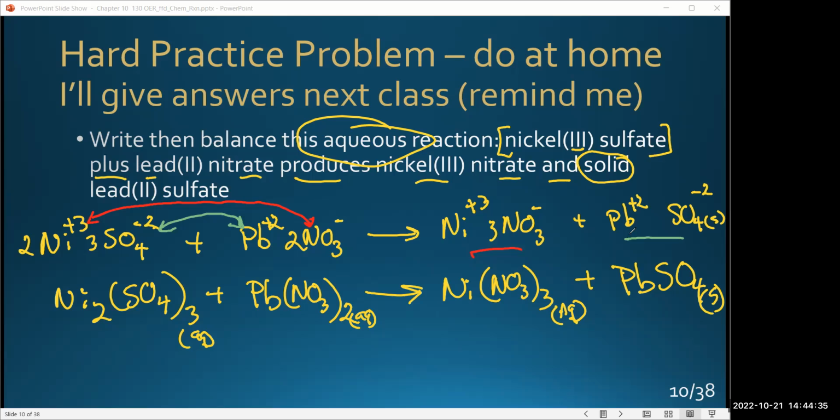So in essence, the two reactants are soluble in aqueous systems, and if you put them in little test tubes, they're both clear solutions. And then when you mix them together, they just change partners, and because of the solubility of one of the partners, specifically the lead sulfate, you form a cloudy solution, you precipitate.